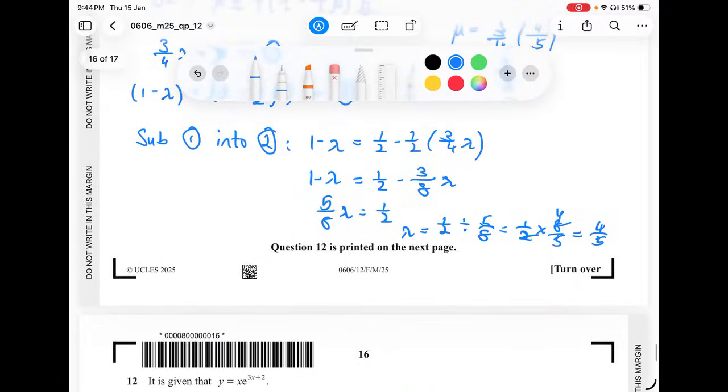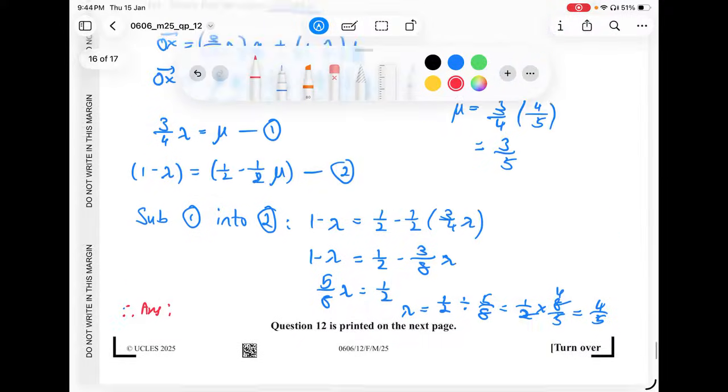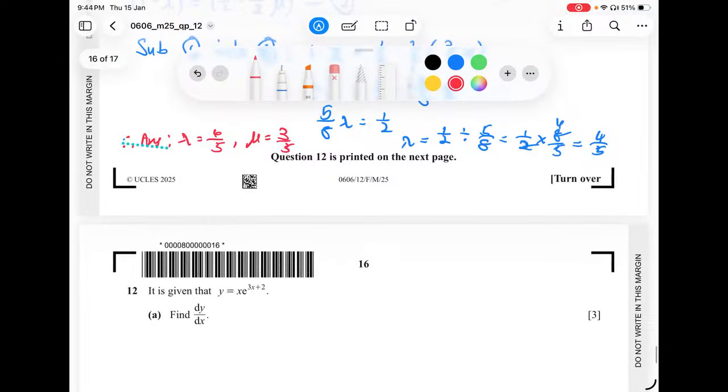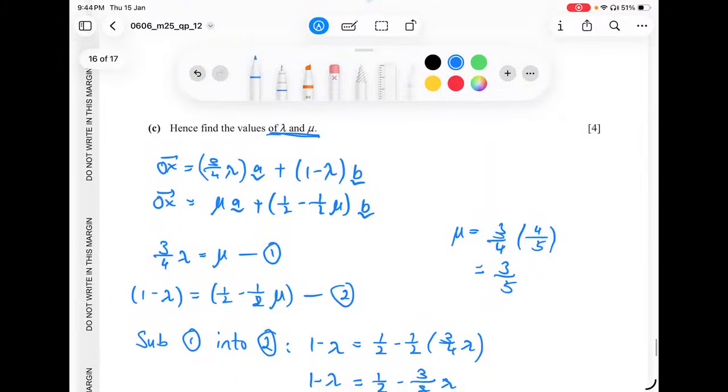So you found your answers: lambda is going to be 4 by 5 and mu is 3 by 5. So basically we used simultaneous equations here by comparing the coefficients of A and B.